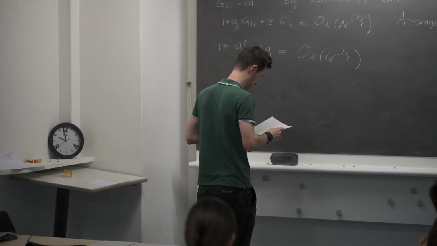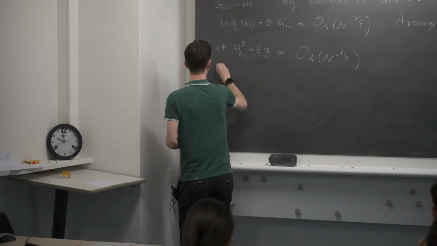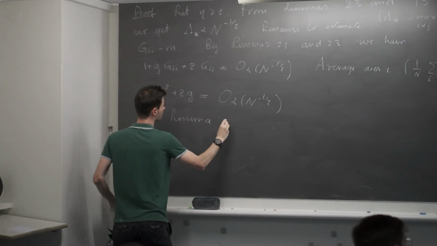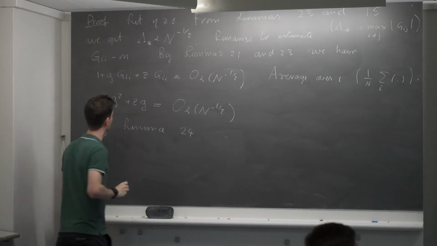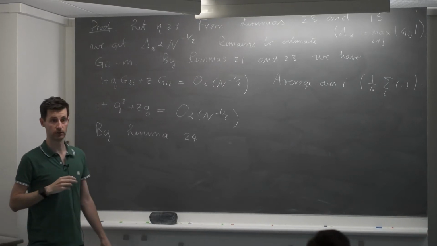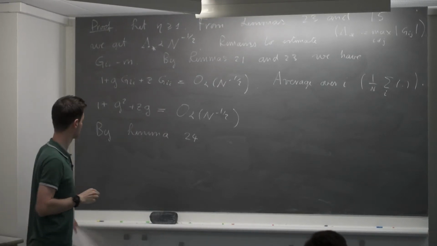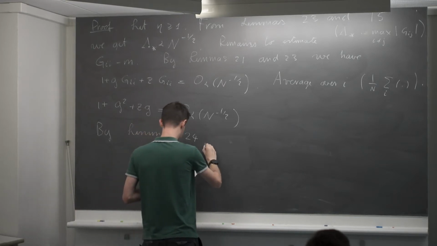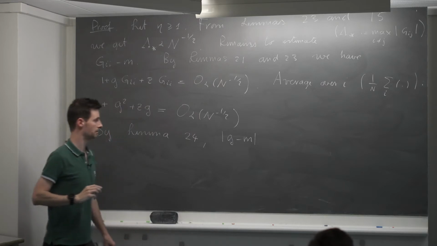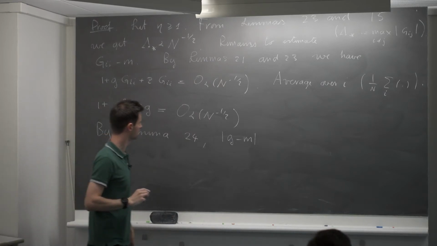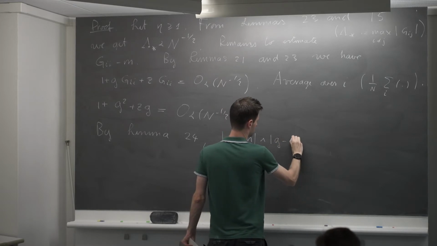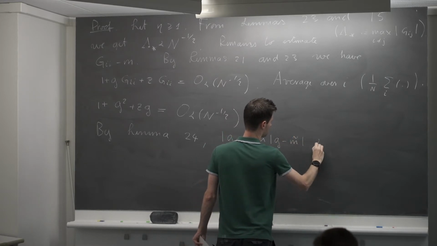Okay, so let me now solve this quadratic equation. We saw lemma 24, which gives us information about the roots of this quadratic equation. We would like to prove that g minus m is small. Unfortunately, we don't really have that. We know that g minus m or g minus m tilde is small.